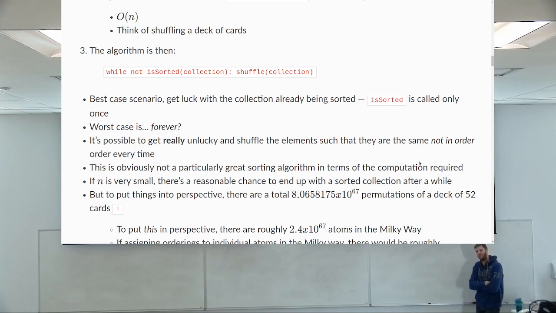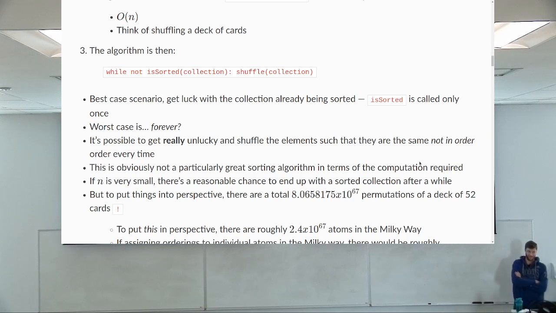If n is really small, you could implement this. You could write this code in Java, Python, whatever. And if you make n relatively small, this will work. Eventually you'll get lucky. But that's not going to last very long. Because as n grows, there are a total of 8 times 10 to the 67 permutations of 52 cards.